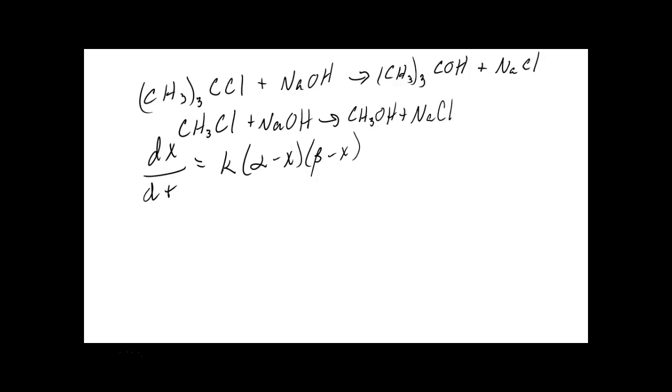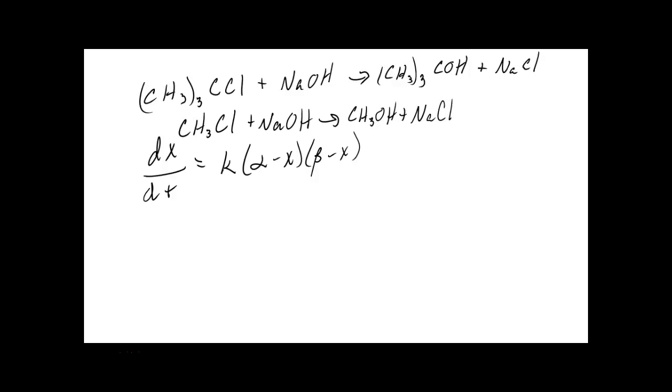In this case, the rate at which the reaction proceeds is proportional to the product of the remaining concentration of methyl chloride and sodium hydroxide. So that's what the alphas are. And the X is the chemical being formed, which would be the methyl alcohol. The amount of this being formed is proportional to how much of this you have.